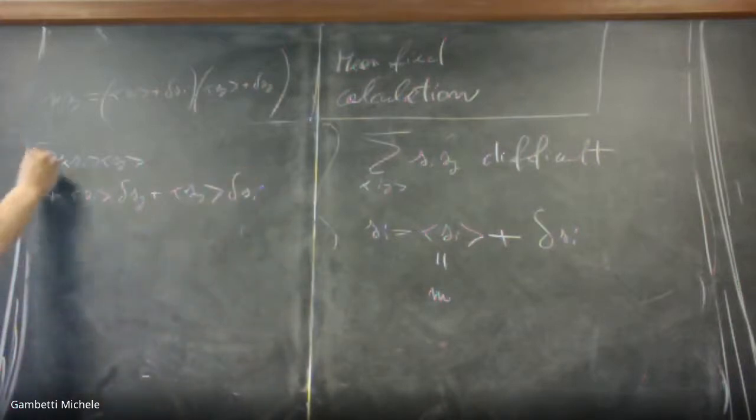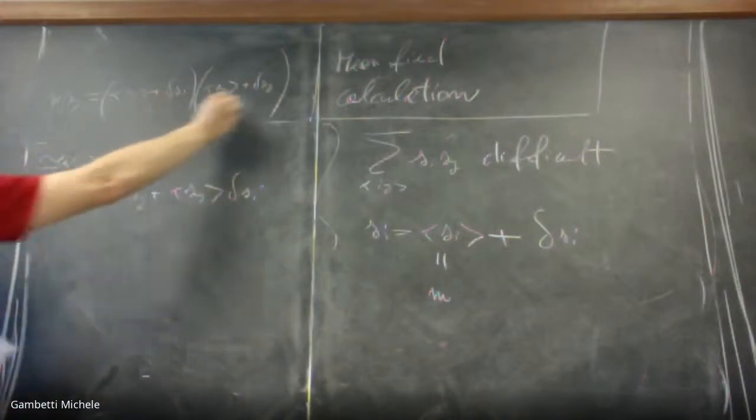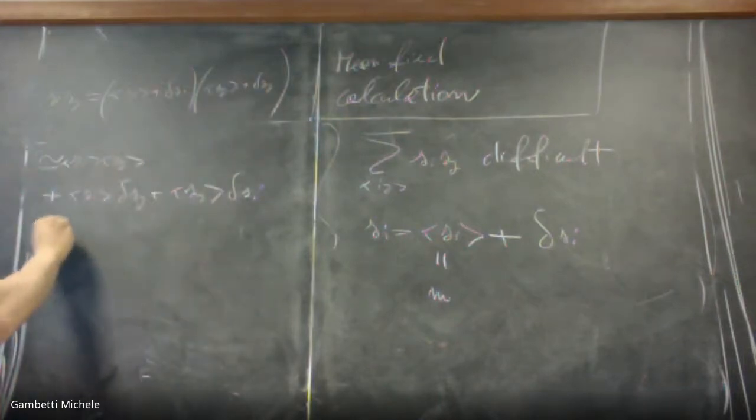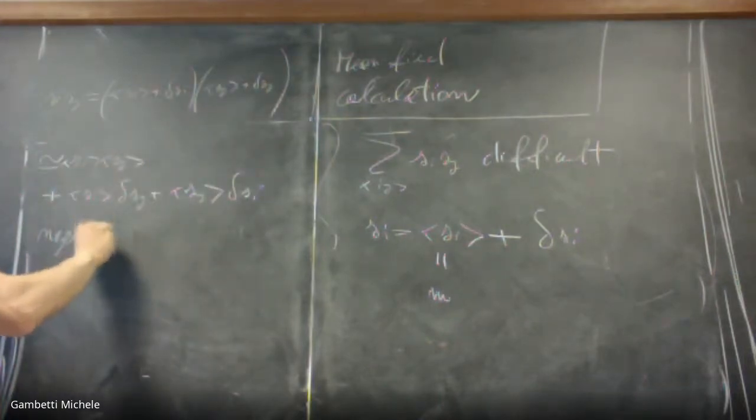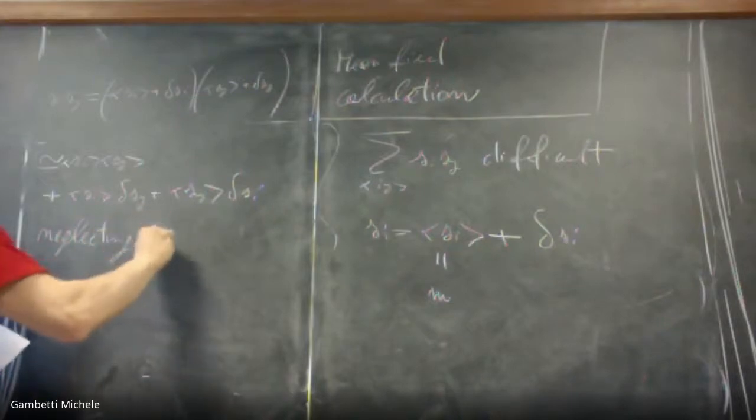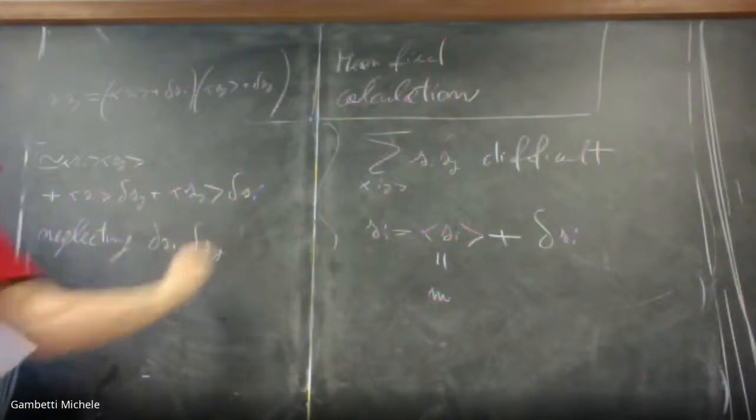And here I put almost equal because I'm neglecting the second order fluctuations, delta s_i times delta s_j.